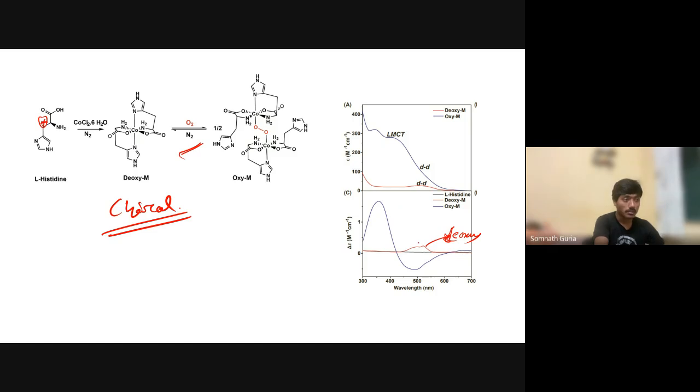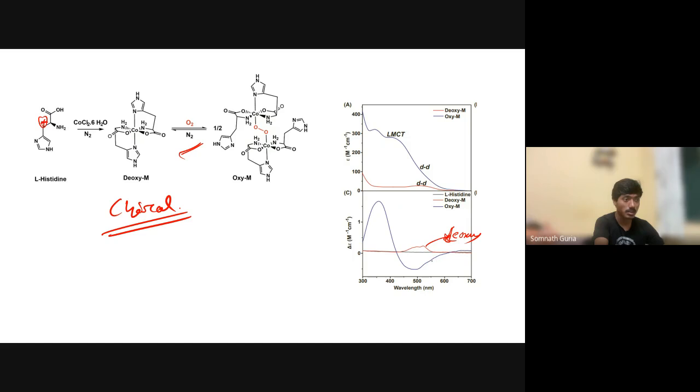But if you check the CD spectra, there is a huge change in the oxy cobalt histidine complex, where you will find that it starts at the 700 nanometer region. It is positive, and then this d-d transition becomes chiral. It was not found in the UV-Vis spectra, but in CD you can see there is a hump over here.